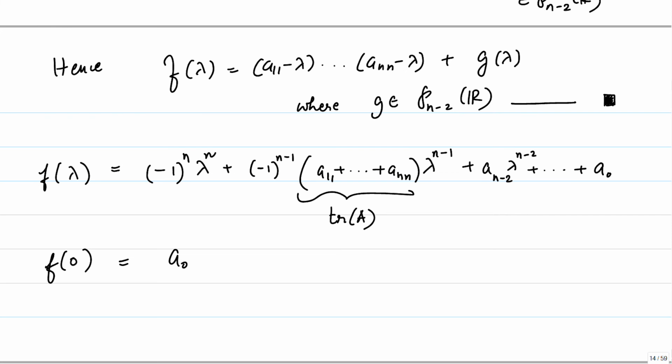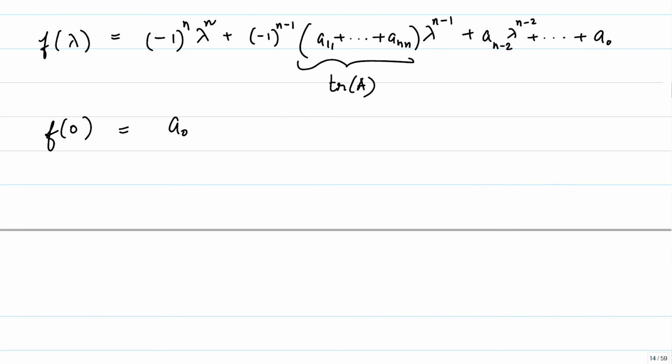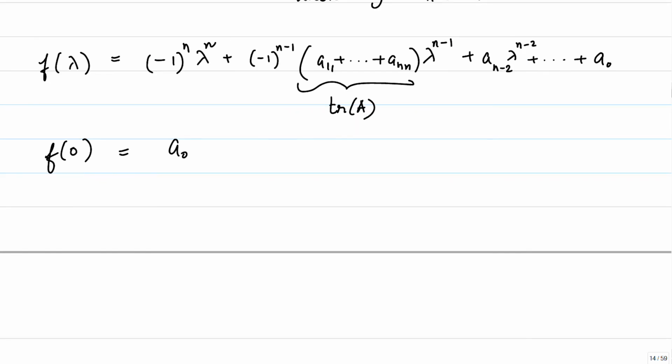So that means we know what a0 is if we can get hold of what f of 0 is. But what is f of 0? F of 0 is the determinant of A minus 0 times I, which is just going to be the determinant of A. So we know what a0 is. a0 is the determinant of A.